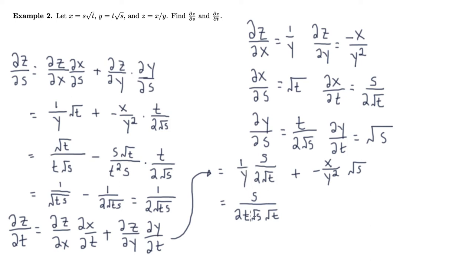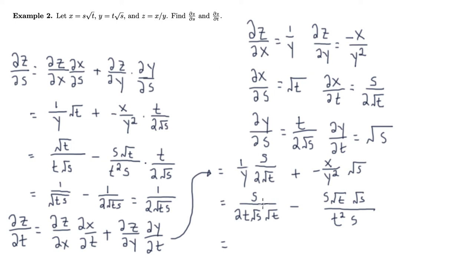Yeah, so y is this is y, and then we have a 2 root t. And then plus or minus, x is going to be s root t times root s, and then all over y squared again, which y squared is equal to t squared s.